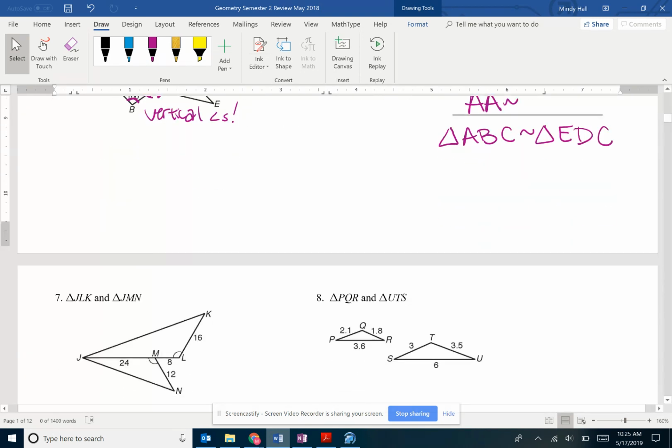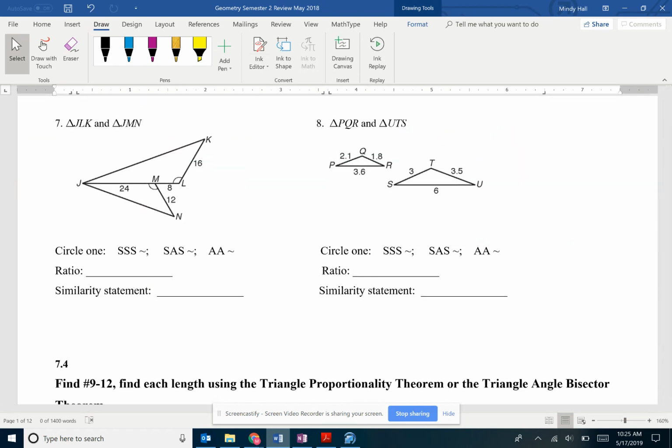There it goes. So then for number 7, we have JLK corresponds to JMN. So these are going to correspond about how you expect. What I notice here is that I have little angles that are congruent, and then I just so happen to have the sides that are right next to those angles. So chances are it's going to be SAS, and spoiler alert, it is SAS.